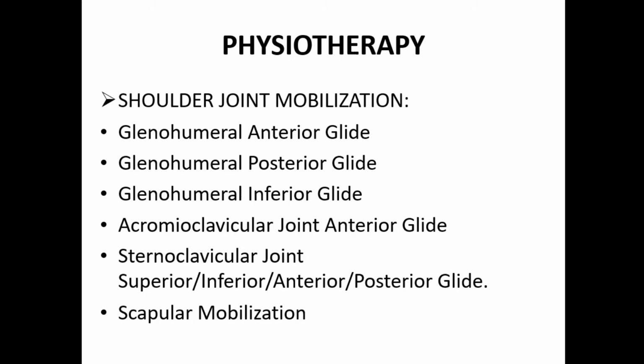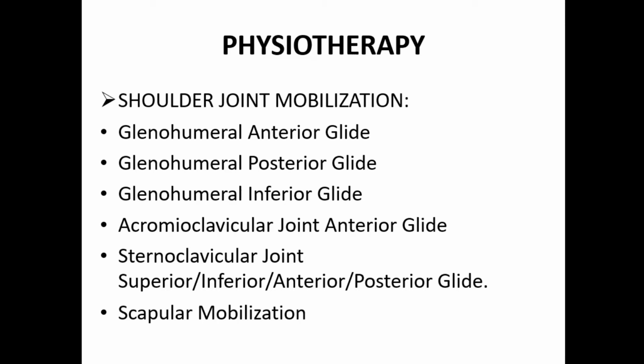Physiotherapy. Shoulder joint mobilization. In shoulder joint mobilization, these are glides given to frozen shoulder patient. Number 1. Glenohumeral anterior glide. Number 2. Glenohumeral posterior glide. Number 3.